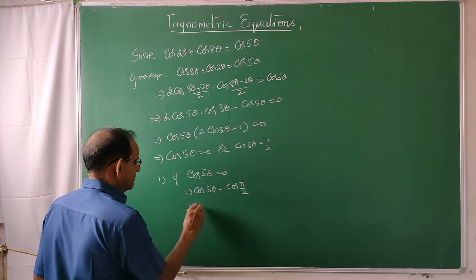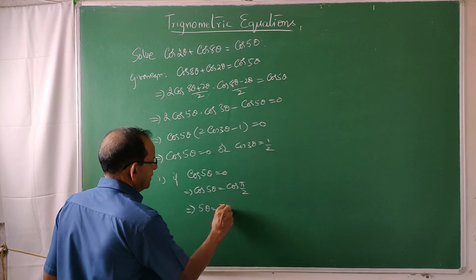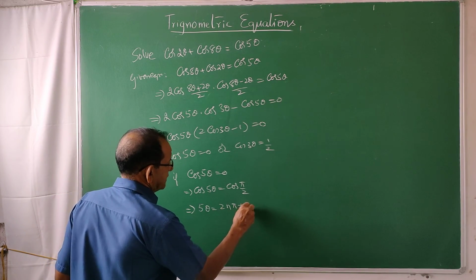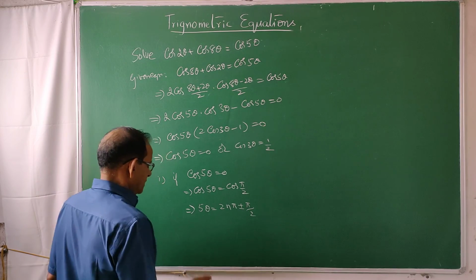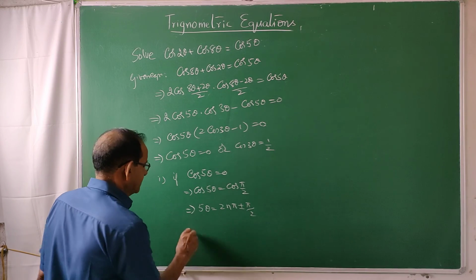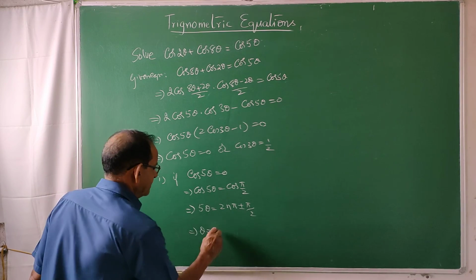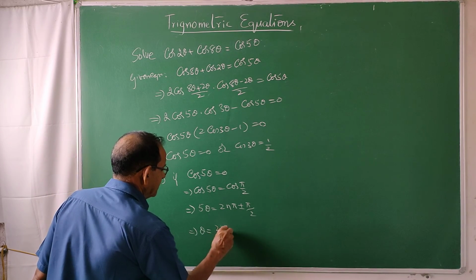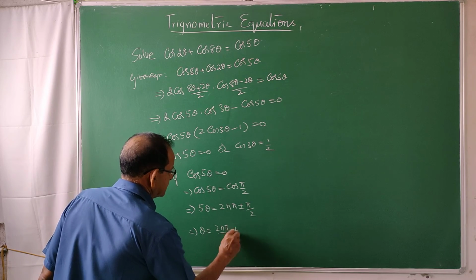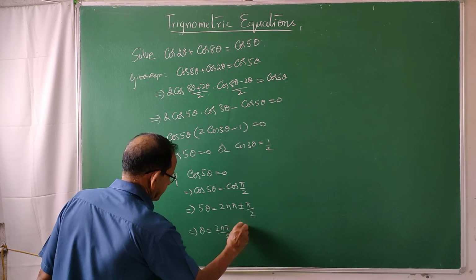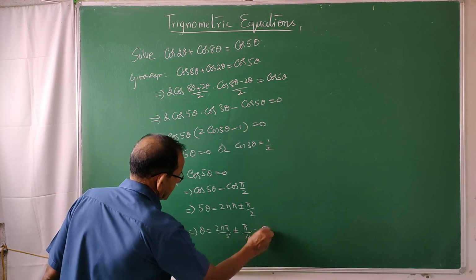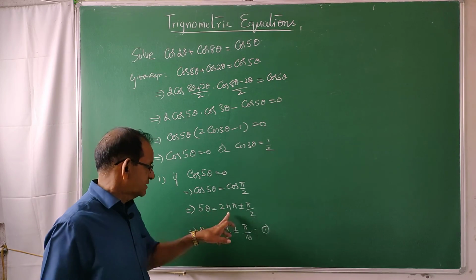That implies 5 theta is equal to 2n pi plus or minus pi by 2. Now we have to find out theta only. That implies theta is equal to, divide both sides by 5, that is 2n pi by 5 plus or minus pi by 2 by 5, means pi by 10. This is one result.